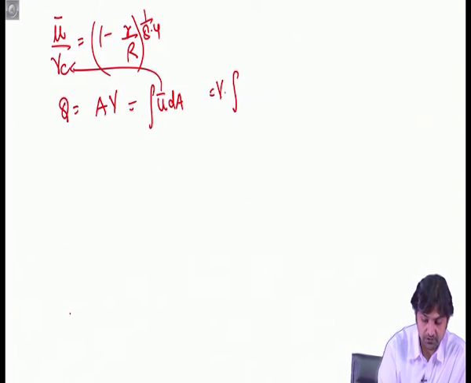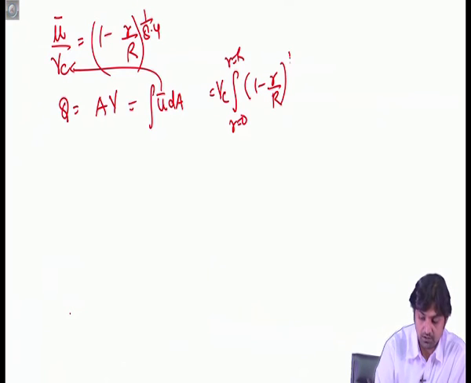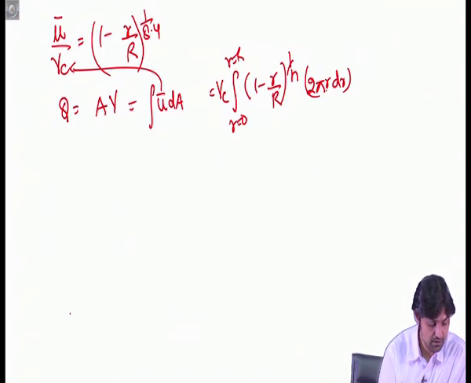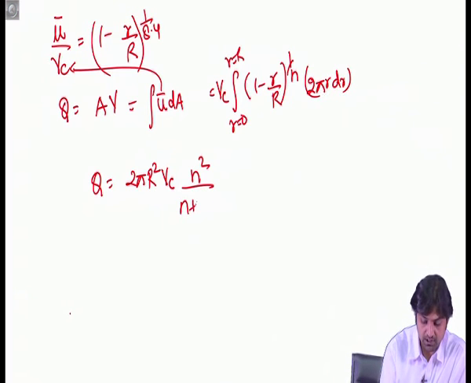Vc will come out from r equal to 0 to r equal to capital R, 1 minus r by R to the power 1 by n, and the integral 2 pi r dr. We integrate, and after integration we will get 2 pi R squared Vc into n squared divided by n plus 1 into 2n plus 1.